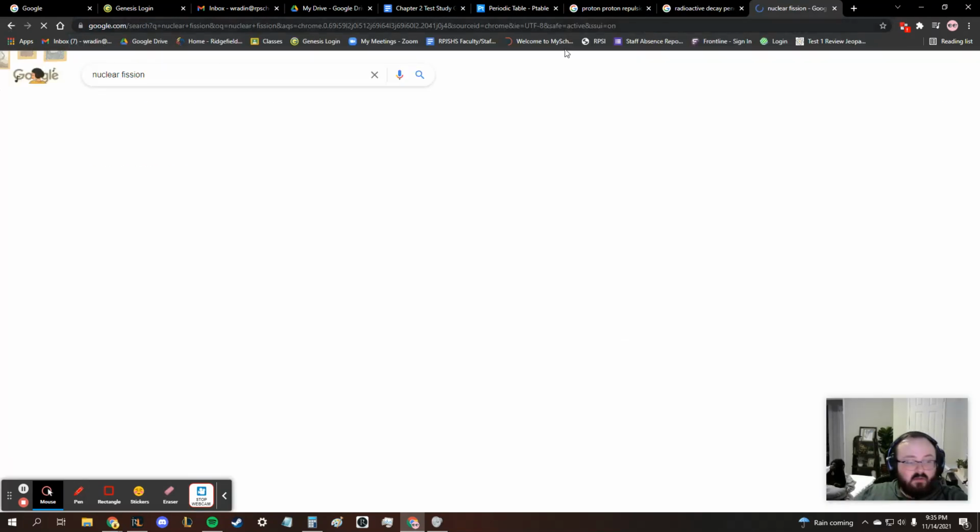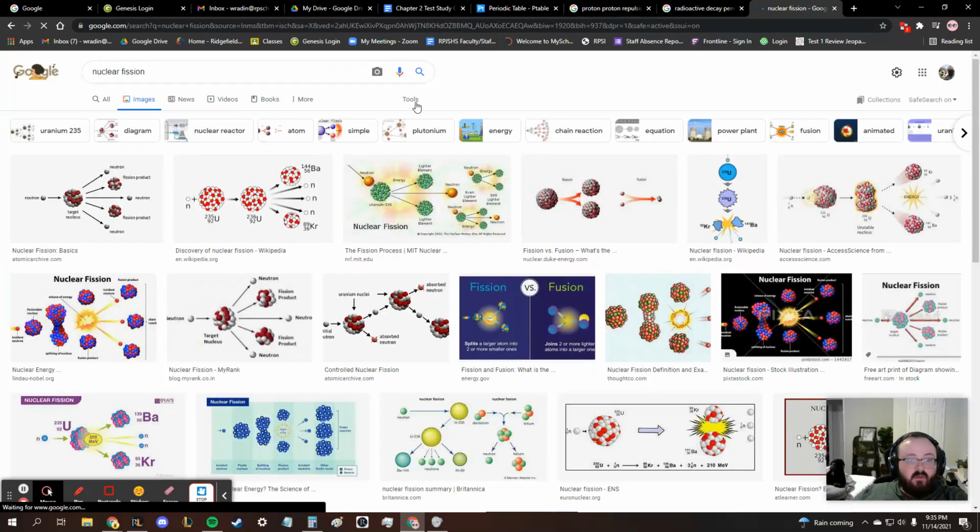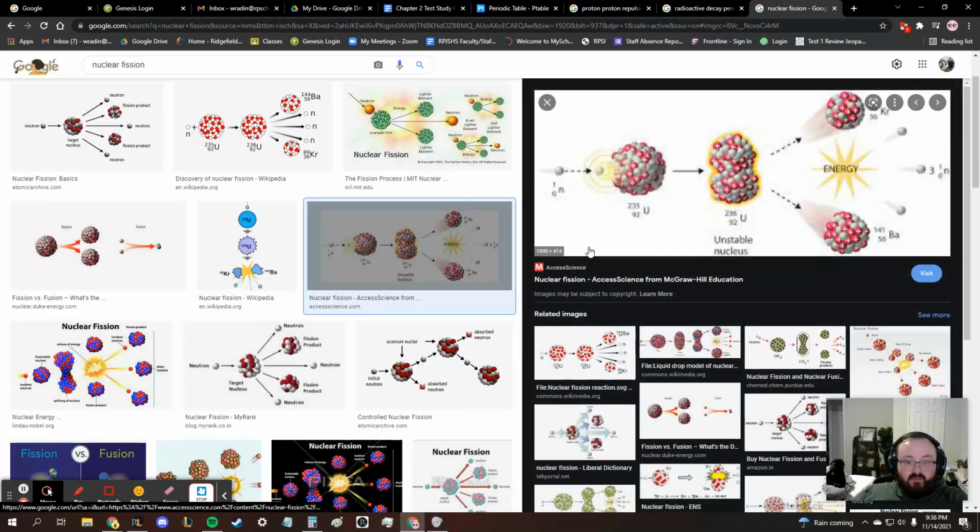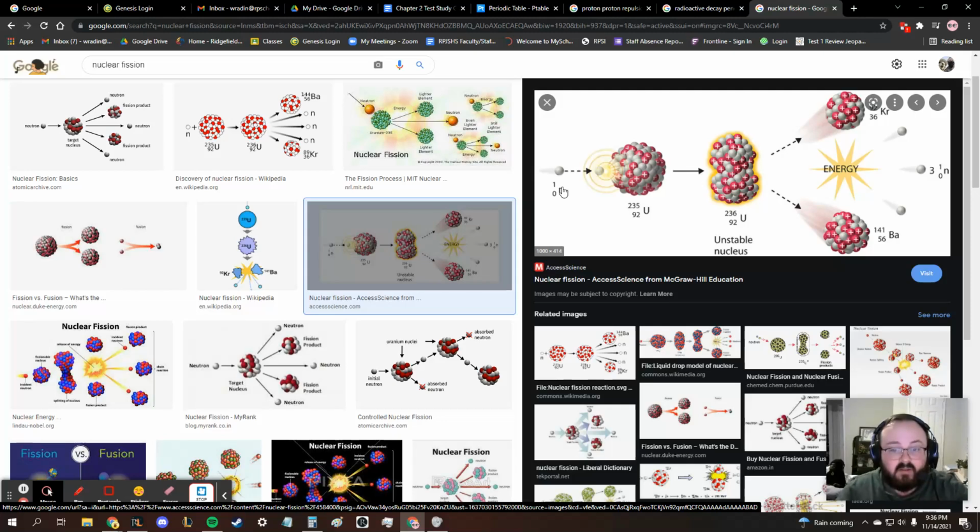Nuclear fission. It is man-made: you take something, throw it at a big atom, it breaks in two and releases a ton of energy. That's what you got right here. This neutron thrown at the nucleus destroys it, splits it into two pieces, and releases a ton of energy.